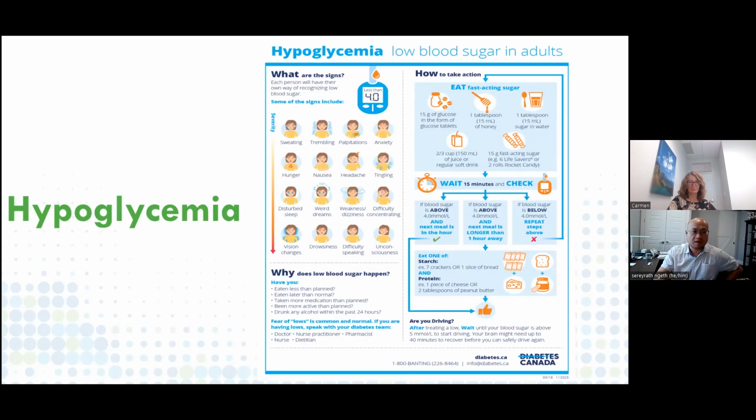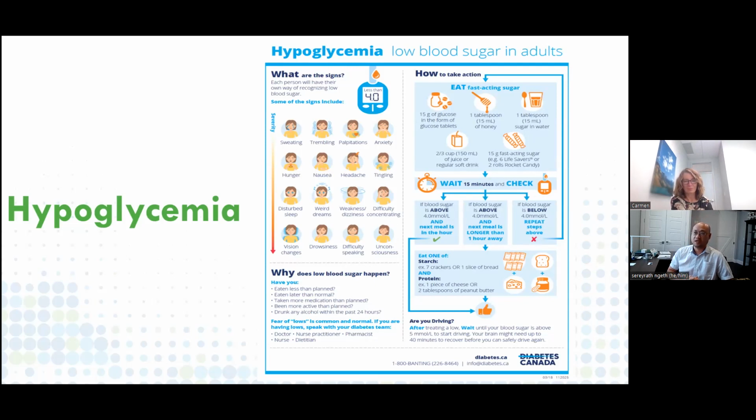Lastly, I wanted to talk about a complication of diabetes, a major serious complication, and that's hypoglycemia, which is low blood sugars. So that's a blood sugar of 4 or lower. And this is the time where I believe that patients need to check their blood sugars. So what are the signs of low blood sugar?